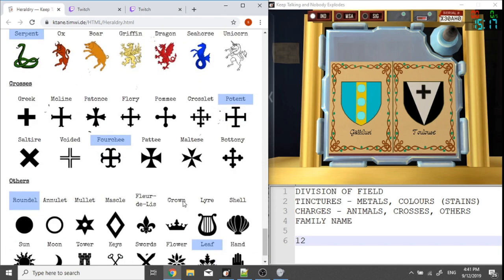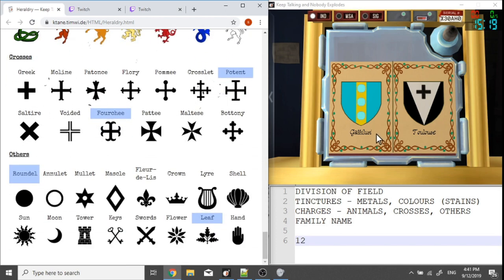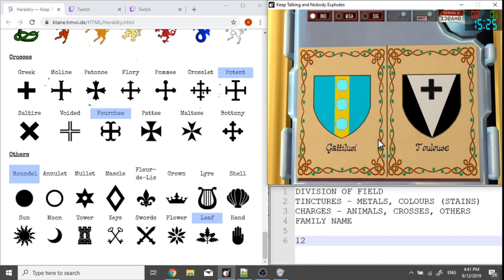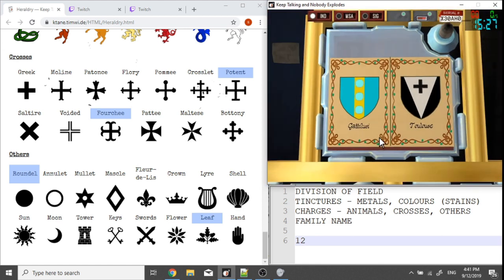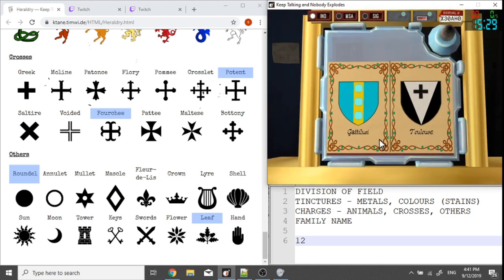And let's look at whether this is a valid charge, and it is in fact, it is a roundel. So we got quite lucky here. That's fairly early. So this crest here, for a multiple of 4 solves, would be the valid crest. So I'm going to select it. We get a fanfare playing, and we're happy.